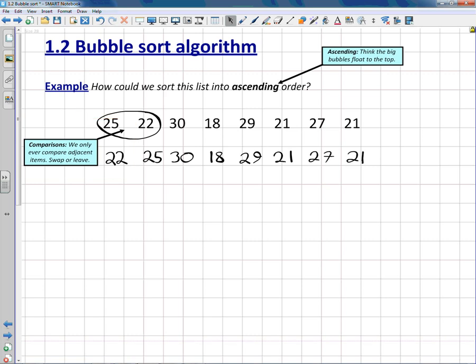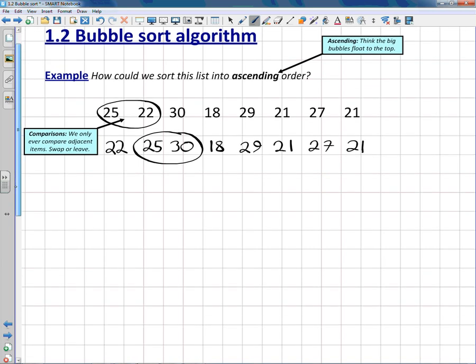Now we make another comparison and we move to here, and we're either going to swap them or we're just going to leave them. Now we're going into ascending order, so the big numbers need to go to the right hand side. So I'm quite happy with where 30 is. We're going to leave them on that occasion.